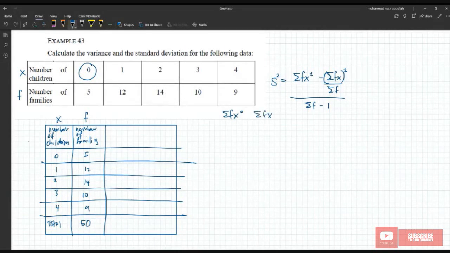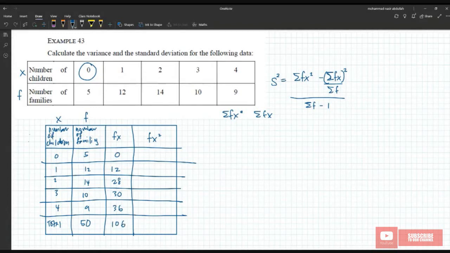So next we find fx, and the last column is fx square. fx is 5 multiplied by 0, which is 0, then 12, 28, 30, and lastly 36. The summation of fx is equal to 106.